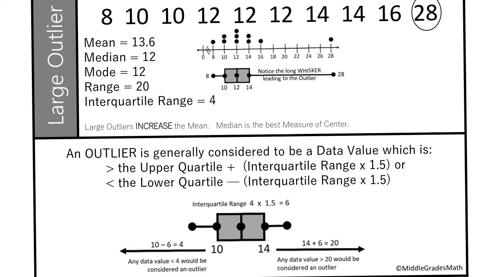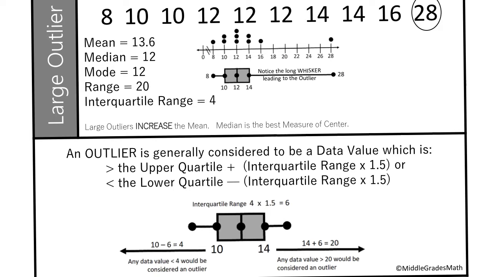Okay, down here in the bottom, they kind of give you a rule of thumb. If you're not sure when you're looking at a picture if something is an outlier or not, it says figure out your IQR. So in this case, 14 minus 10 is 4, and multiply it by 1.5. That is 6.